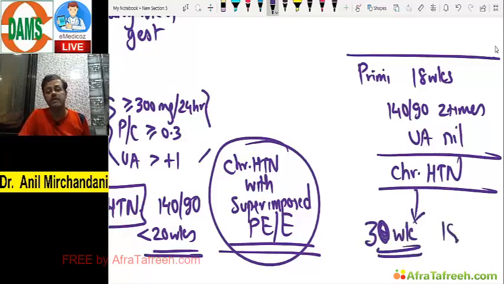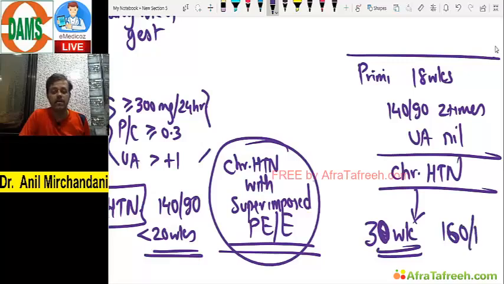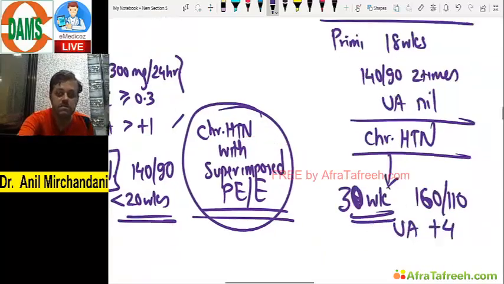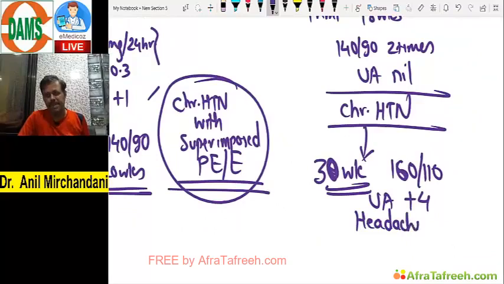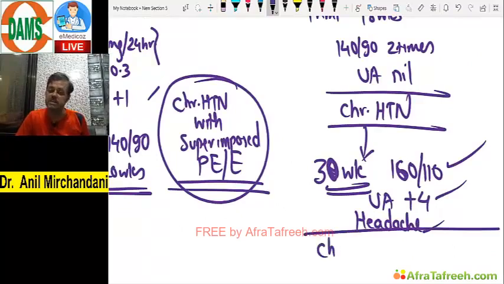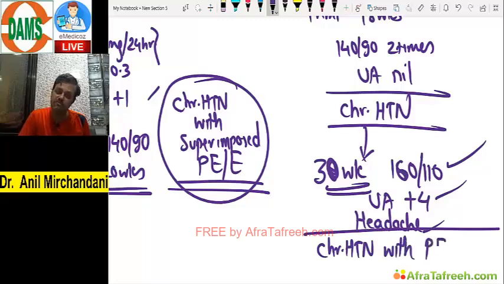Her BP is 160/110. Urine albumin has become 4 plus. She is also having headache. Actually, not many of these things are required. Even a single thing would be sufficient to label this patient as chronic hypertension with superimposed preeclampsia.